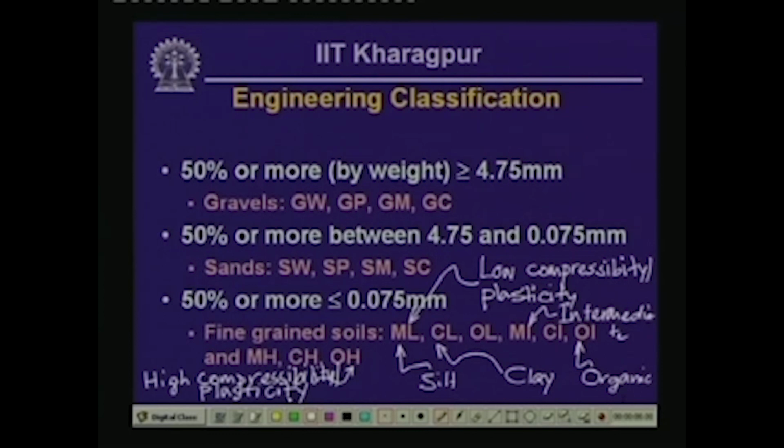Okay. So, you could have ML, CL or OL. Those are low plasticity silts, clays or organic soils. Then you could have MI, CI or OI. They are silts, clays or organic soils of intermediate compressibility or plasticity, or you could have MH, CH or OH. They are silty soils, clayey soils or organic soils which have high compressibility or plasticity.